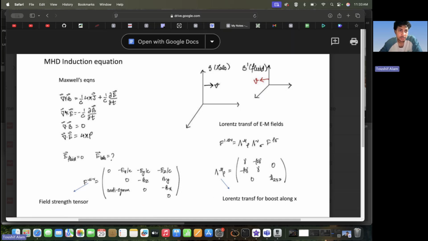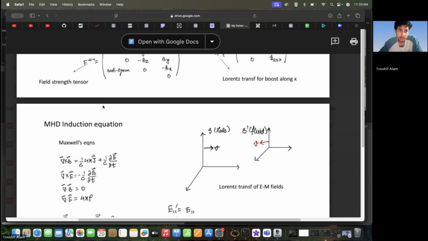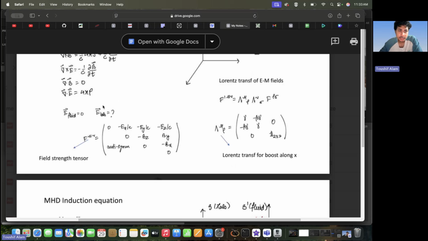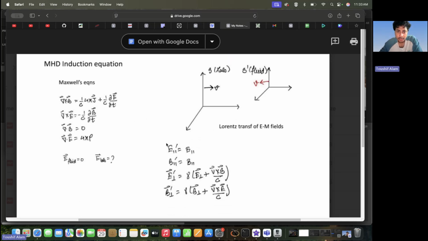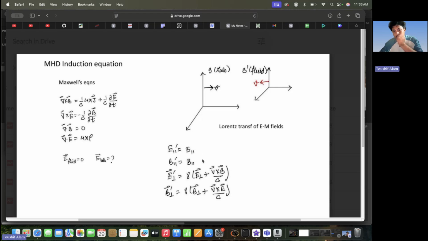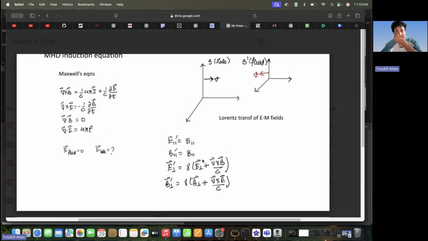Okay, the Maxwell equations, also called the ideal induction equation. We will derive those equations from here. We know B parallel prime is B parallel, and B perpendicular prime is this.